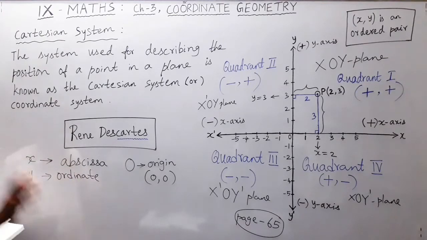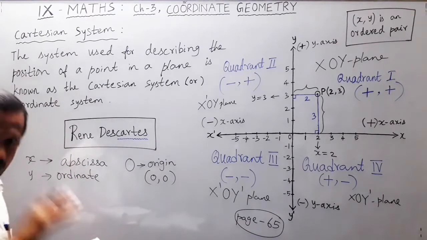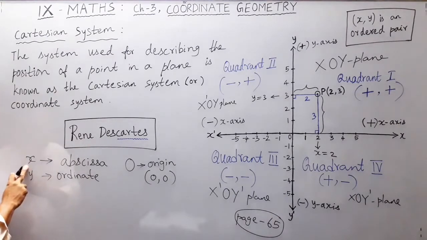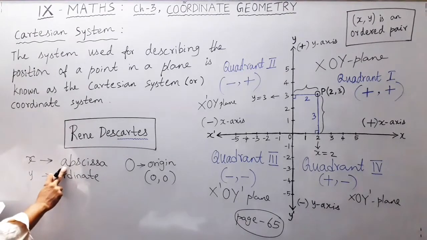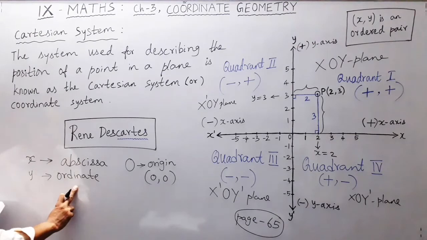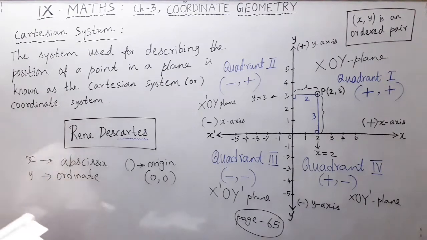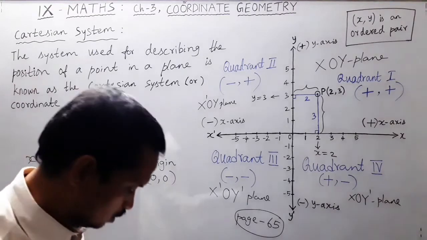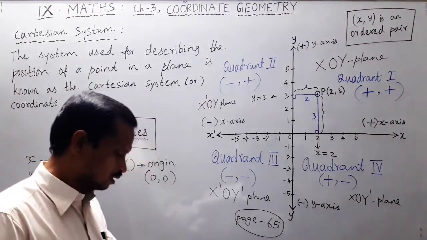Coordinate generally means x-coordinate, y-coordinate, like that we can call it, but separately the x-coordinate is called abscissa and the y-coordinate is called ordinate. These are the modern names. You have to know what abscissa and ordinate are, in case they ask in an exam, like objective questions. And coming to the next point, 7.